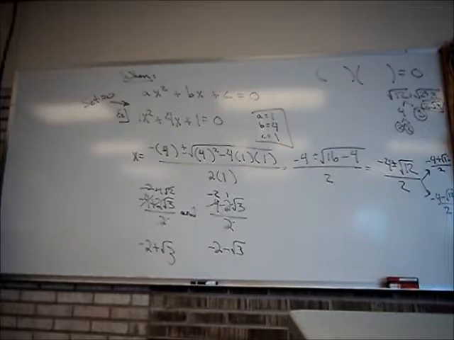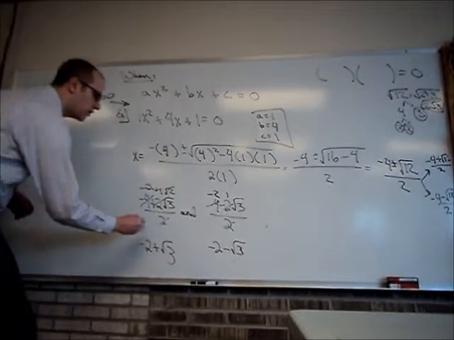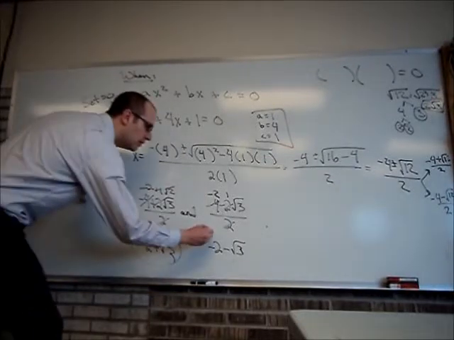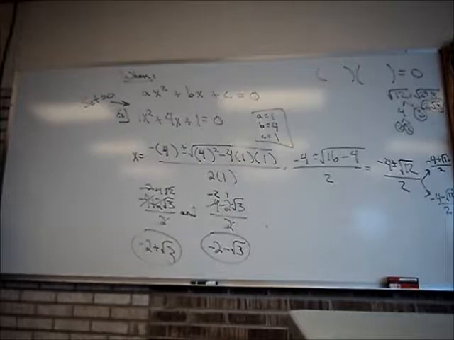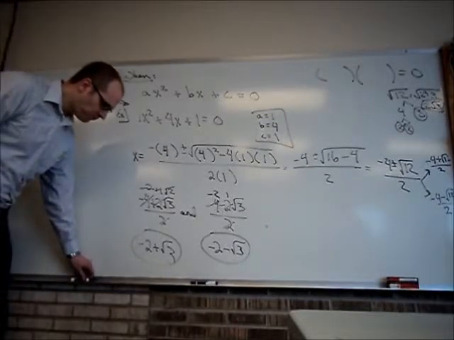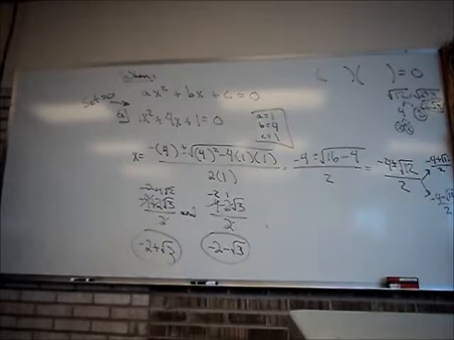But I think that was the same answer that we got earlier when we did the other technique. This works. Quadratic formula works with any quadratic trinomial. This is going to take practice.